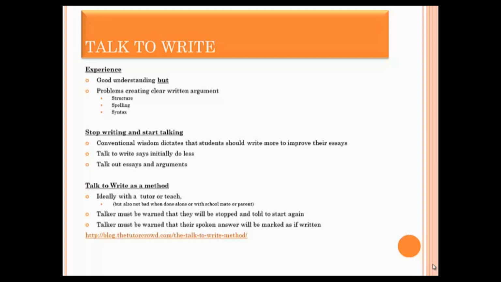I interrupt my students all the time. You interrupt them and say, okay, good intro, but I want more of this. Good intro, but you didn't actually cite the dates, and the mark scheme says you've got to cite the dates, and you've got to make reference to the text. So start again.